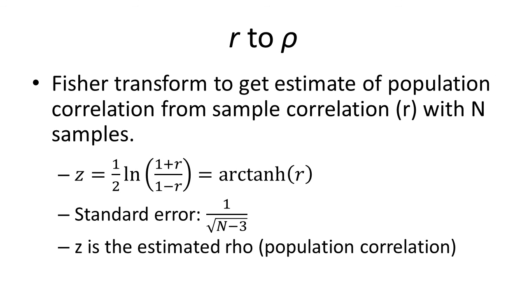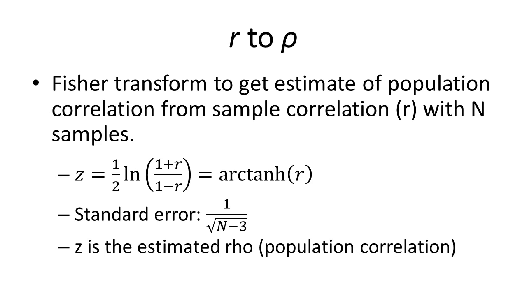So, given that you have the sample correlation, sometimes you want to know what the true population correlation is for these two variables. So the Fisher transform gets that estimate of the population correlation given the r, or sample correlation, and n, the number of samples.